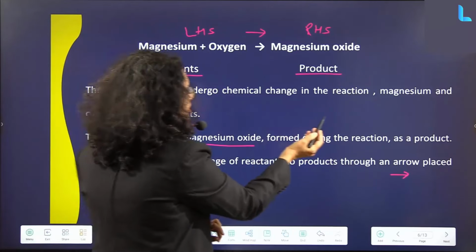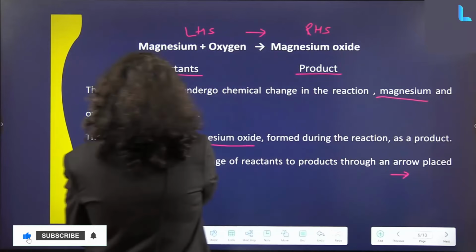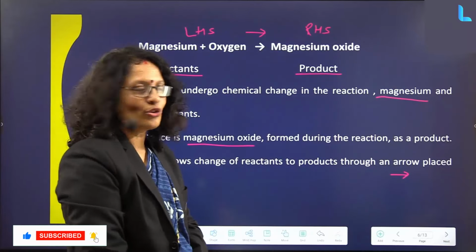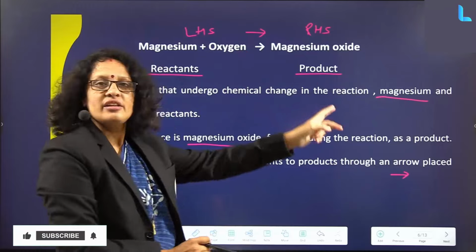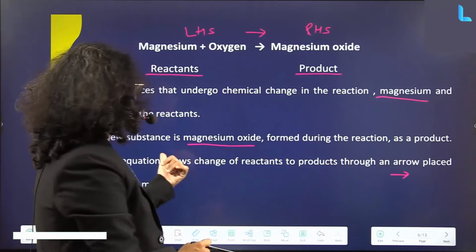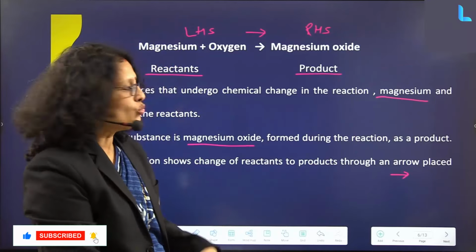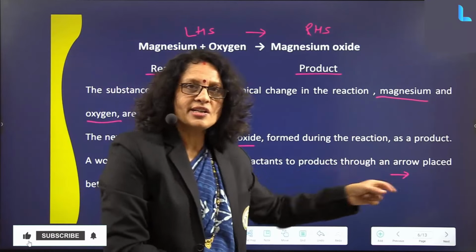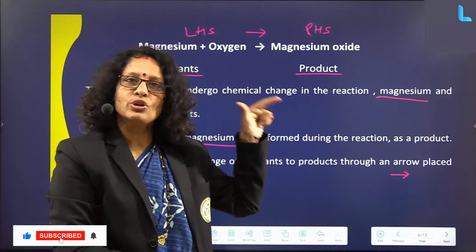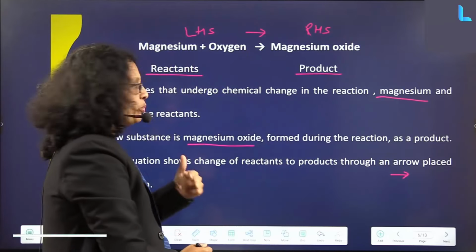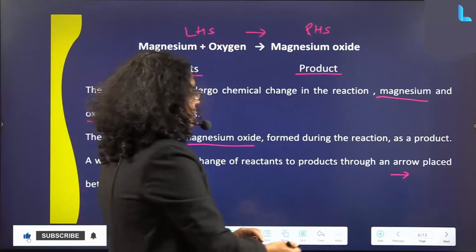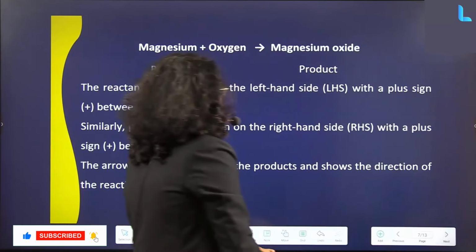What are the reactants here? Magnesium and oxygen are the reactants. So all three parts are there in the reaction. A word equation shows the change of reactants and product through an arrow. The arrow indicates these reactants are combining to give a product placed after them. So a complete reaction we can explain.